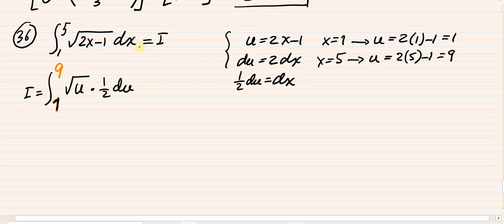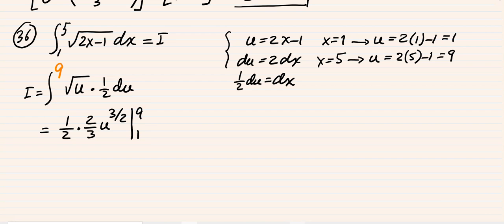All right. Now I can actually integrate this, so it's going to be 1/2 times the integral of the square root of u, that's u to a half, which would be 2/3 u to 3/2, evaluated from 1 to 9. Okay. And now I can actually work this one.